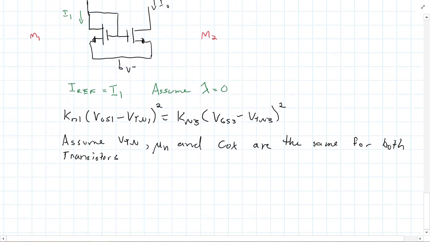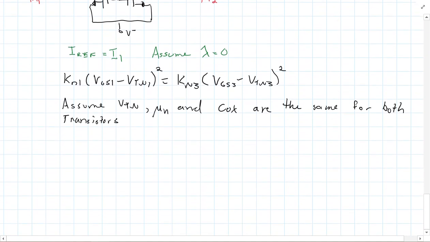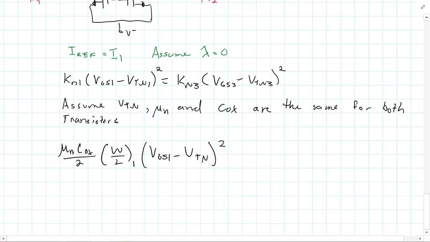So to write it out here in a little bit of detail, what we'd have is mu-n Cox over 2 times W over L for transistor 1 times (VGS1 minus VTN) squared, not VTN1 anymore, it's the same value, is equal to mu-n Cox over 2 times W over L for the third transistor times (VGS3 minus VTN) squared.